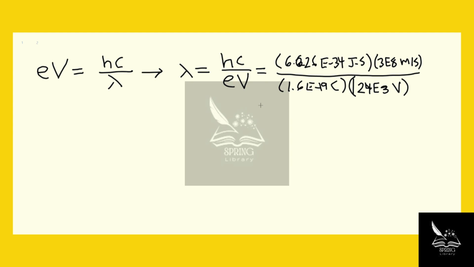Okay. So doing that computation, we have our resulting lambda, which is 5.176 e to the negative 11 meters. So it's about fifty picometers, which is quite large. Okay, so that's our lambda, the initial lambda before scattering.